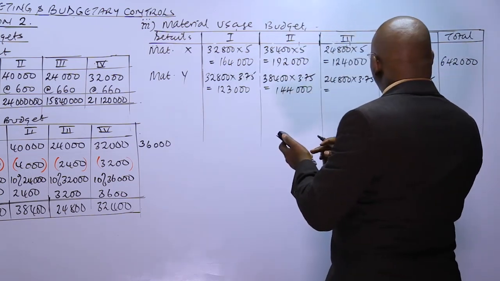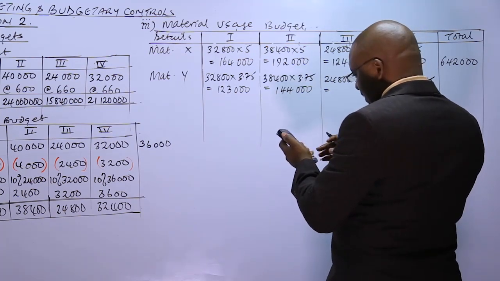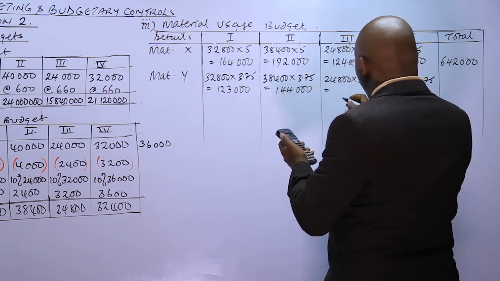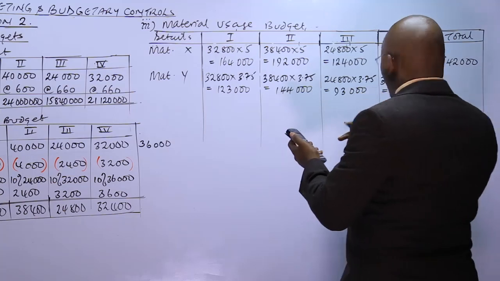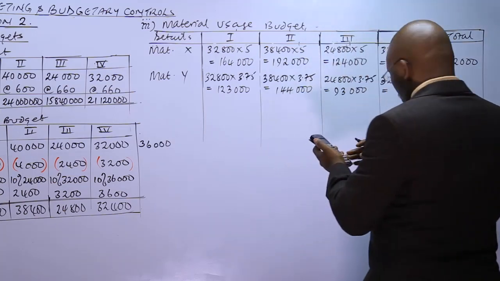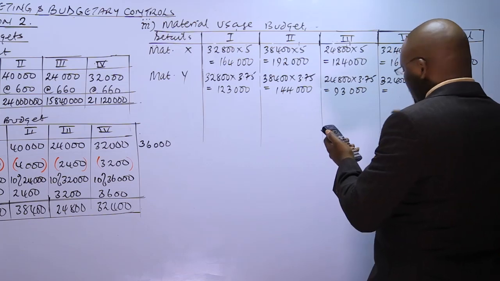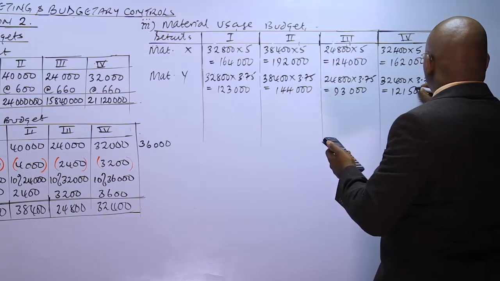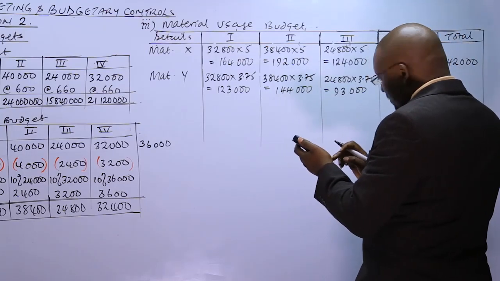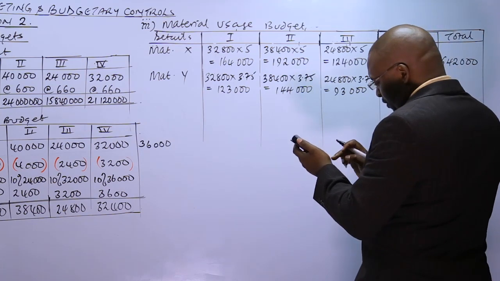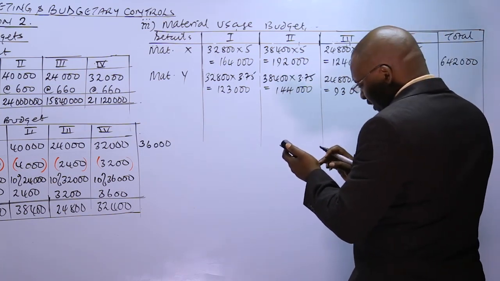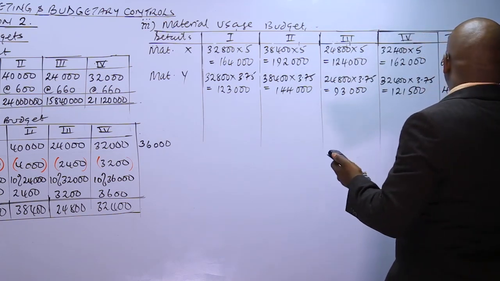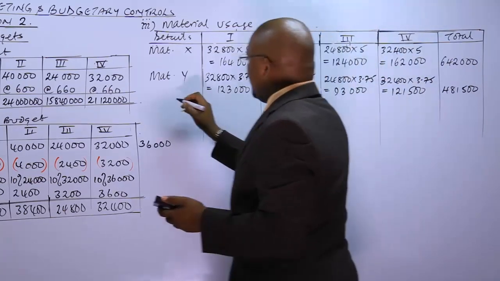Then 24,800 multiplied by 3.75 is 93,000, while 32,400 multiplied by 3.75 gives us 121,500. If you add 93,000, 144,000, and 123,000, this gives us 481,500 for material Y.